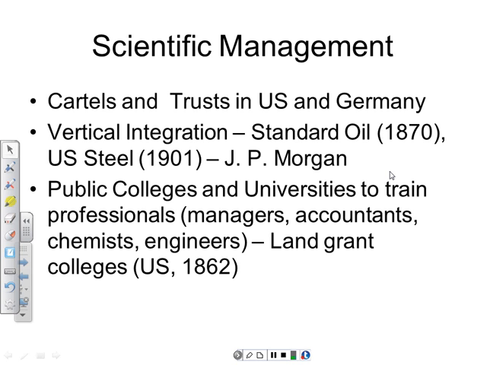Now, another development we see is that these large-scale companies realized that if they were going to have a well-trained and productive workforce, they needed to get people adequate training. And so what we see happening in America and in Germany in particular is a new development in education. Traditionally, colleges and universities had existed primarily for the elites.